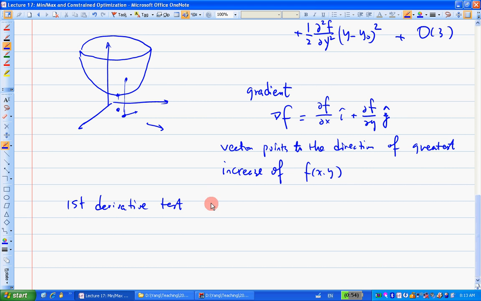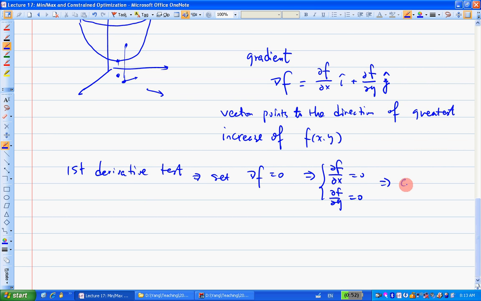The first derivative test is to set del f equal to 0, meaning you set df over dx equal to 0 and df over dy equal to 0. Solve the equations and you get the critical points, or stationary points.